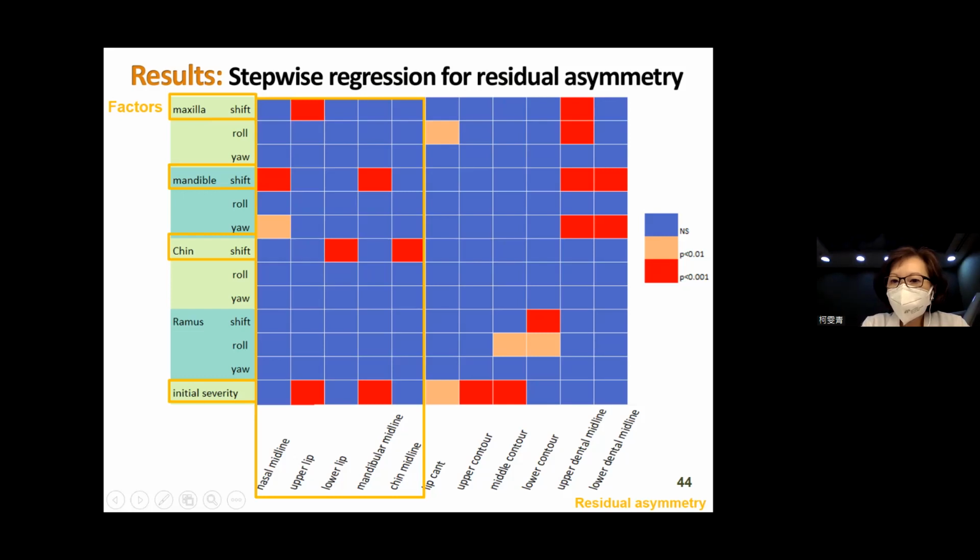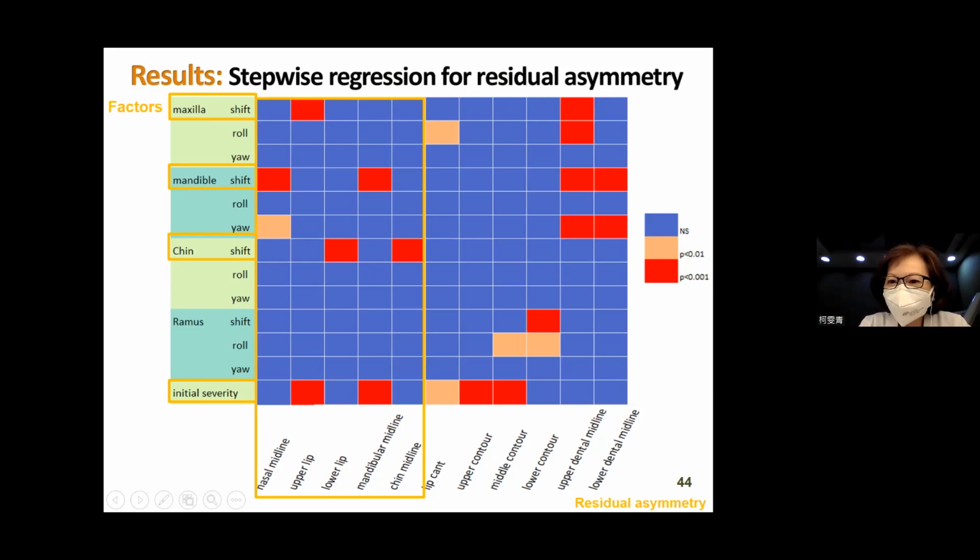And we know that the chin contour is sometimes related to the size and shape, not really the position. Although we can identify the midpoint of the chin, actually the chin contour sometimes has deviation. And as Dr. Wang studied, the yaw and the roll of the chin are sometimes difficult to control, right?